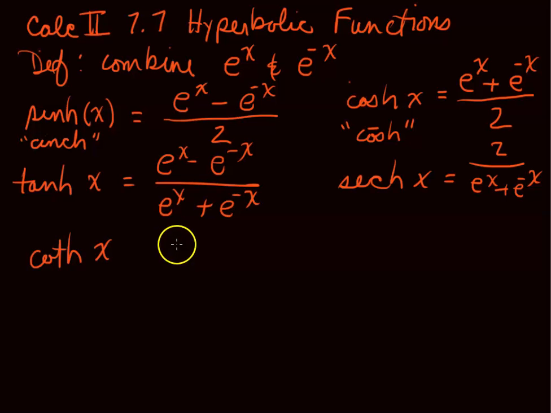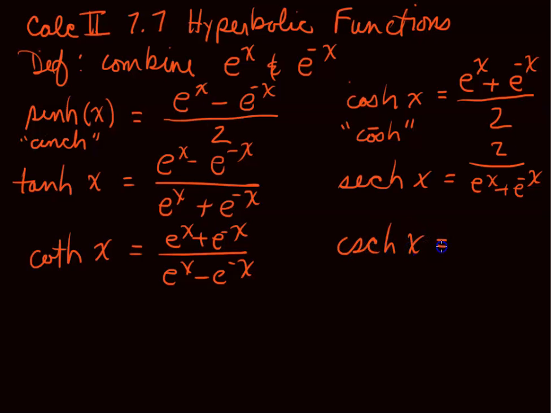It is the addition over the subtraction instead of that opposite. The csch, which is sort of different, I guess, cosecant, CSCH, and that's the reciprocal of the sinh. 2 over e to the x minus e to the negative x.